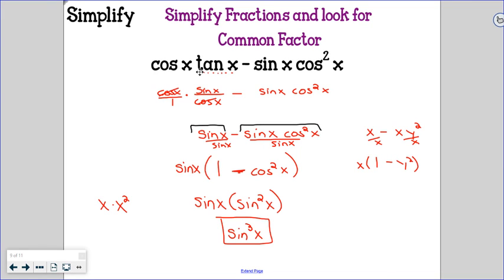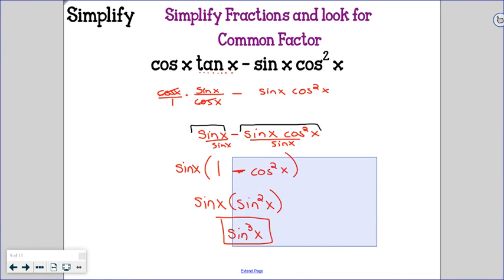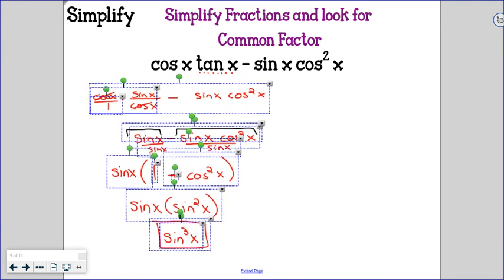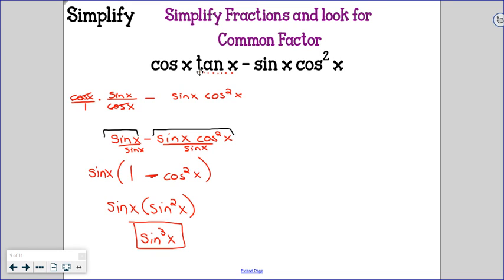Go back to the original part of this, and I very obviously led us in a different direction. But did anyone notice that there was a GCF at the beginning of this problem? Now that I'm saying GCF, do you see that there is a GCF at the beginning of this problem? Could we have started with that? Absolutely. We absolutely can start with it. So if I were to kind of show that here, it does look a little different. I would factor a cosine out of each of those terms.